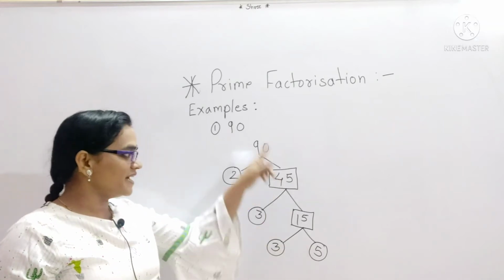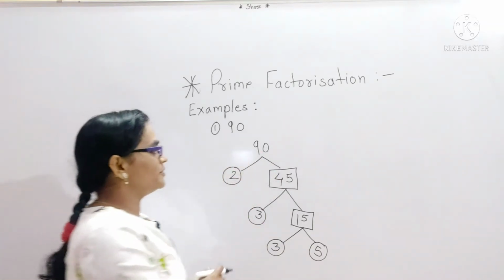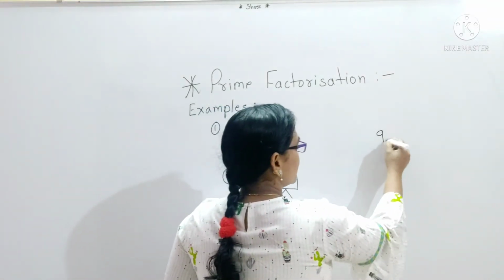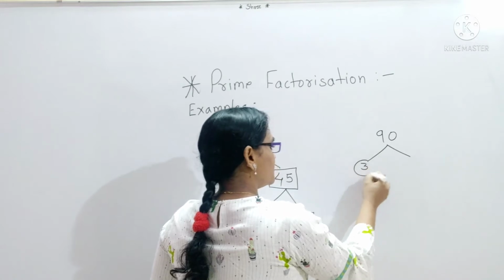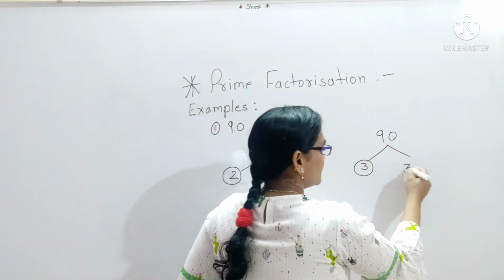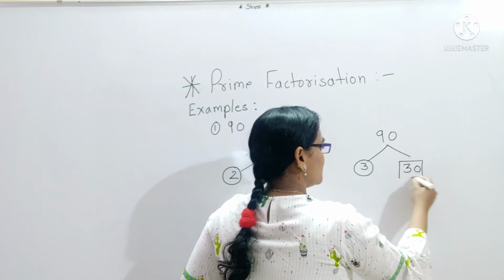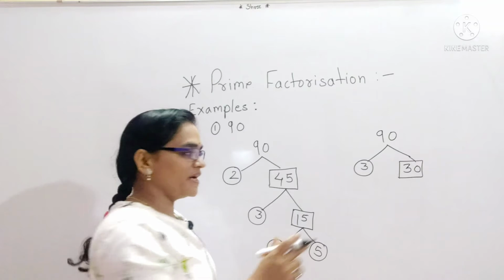Okay. Is there another way we can find the factors of 90? Yes, obviously. 90 is also divisible by 3, and 3 is also a prime number, so circle it. 3 threes are 9 and 3 zeros are 0. 30 is a composite number, so square it.